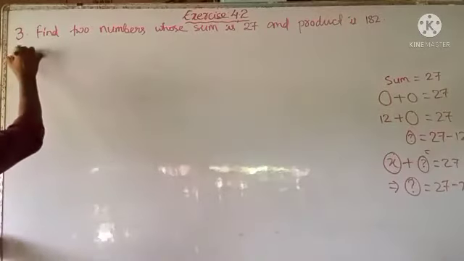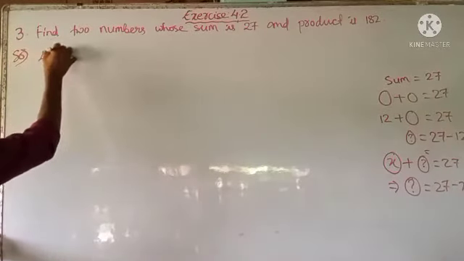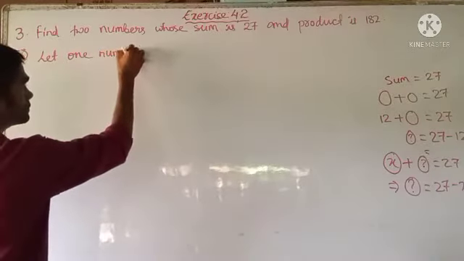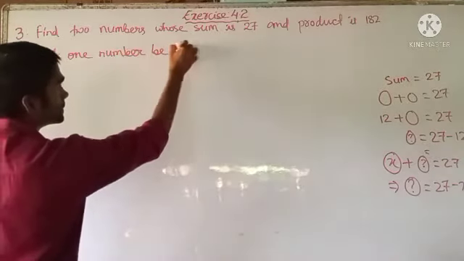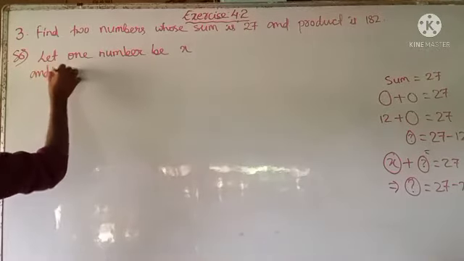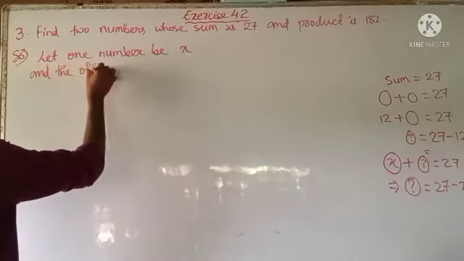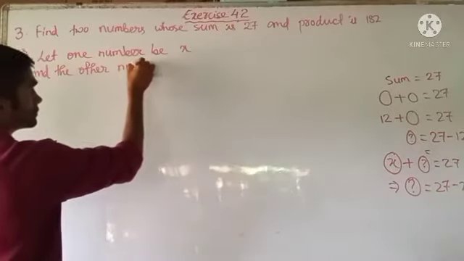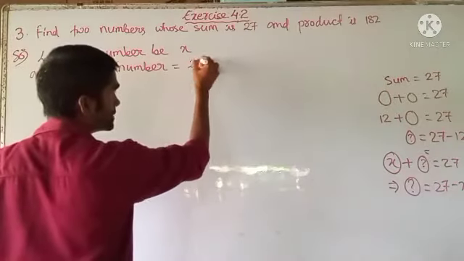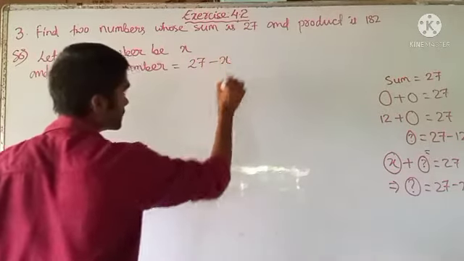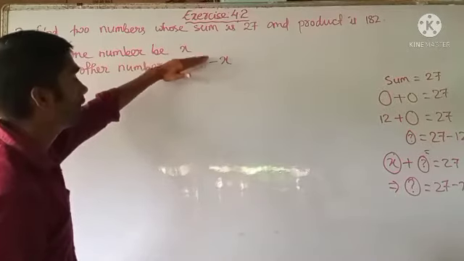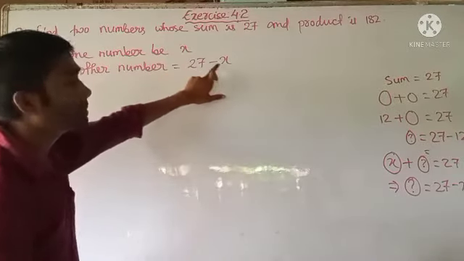So we'll write here, let one number be x and the other number is equal to 27 minus x, because if one is x, then the other one will be 27 minus x.